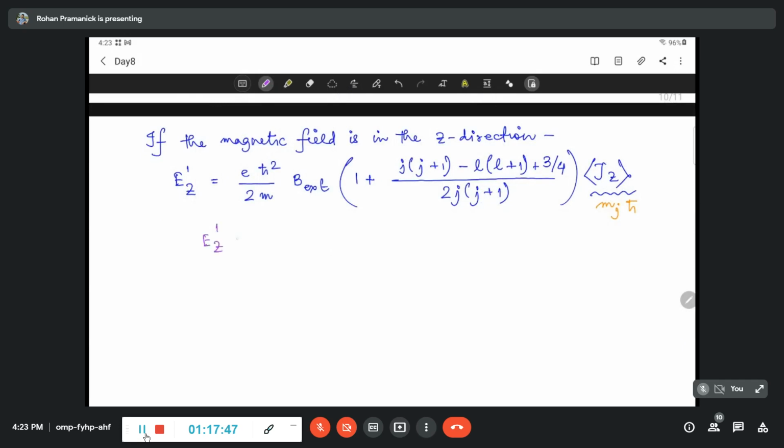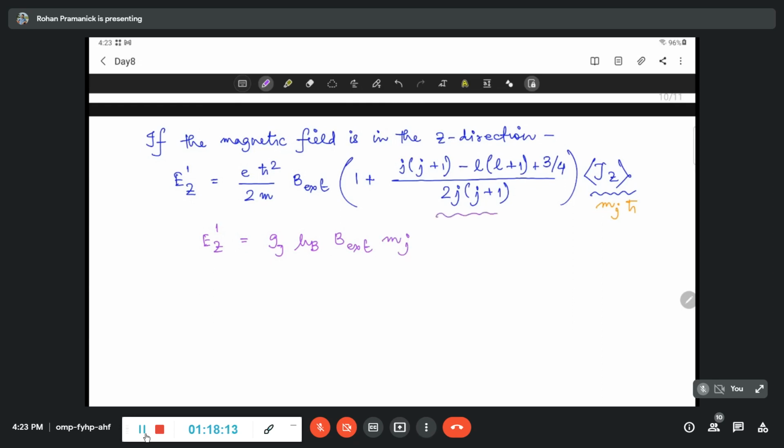E_Z^(1) equals g_J. I am suppressing all the coefficients over here in the g_J. Then there is mu_B, I will define what is mu_B, and then there is B external times m_j.